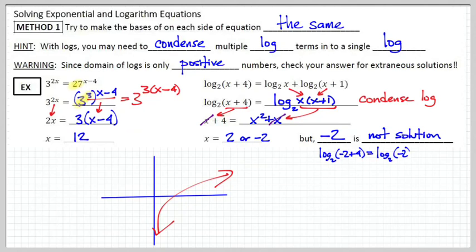Negative 2 is not a solution. If we were to plug negative 2 into the very original equation up here, we get this down here. Now, negative 2 could be a solution to a logarithm equation. Negative 2 by itself does not rule out it being an answer. It's just that when we plug it in this case over here, it's less than 0.